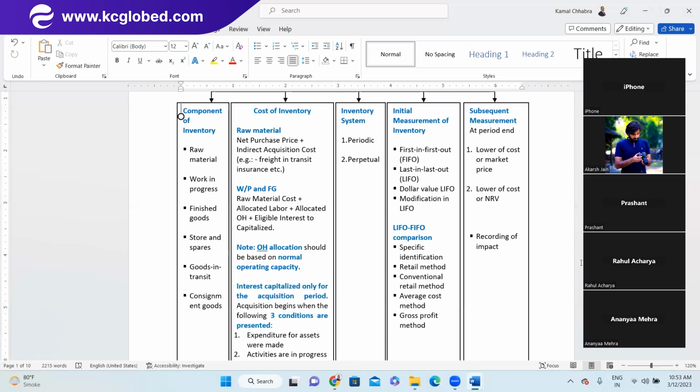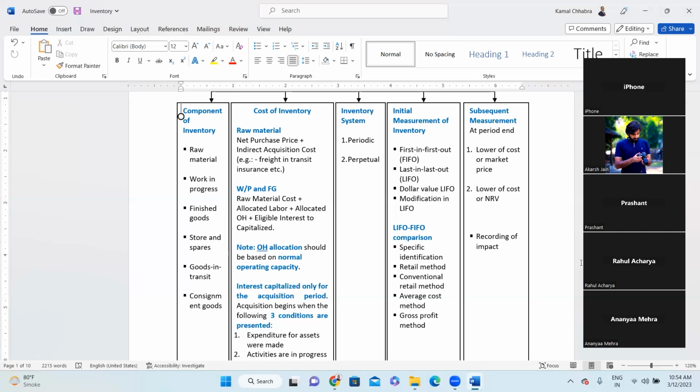Mom and pop shops? Periodic, sir. Why? Sir, if they don't have a computer, what will they do? They sell, check stock later, then order. So if you have a Reebok outlet or Adidas outlet, will they use perpetual or periodic? That will be perpetual, sir, they have computers.